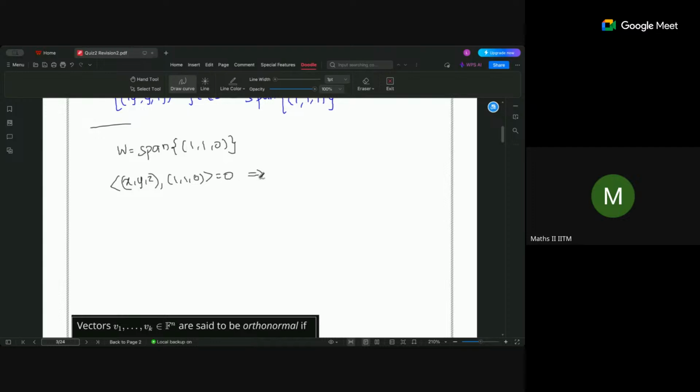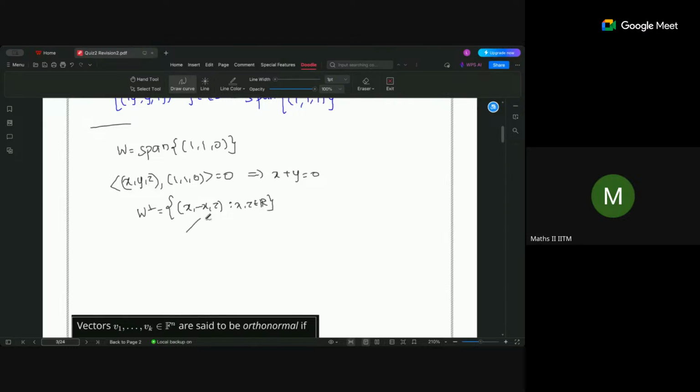So the resulting thing is a plane, x plus y is equal to 0, right? This means you are getting (x, -x, z) in R. So this is your W perp, right?